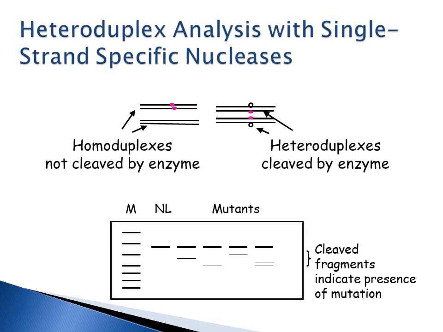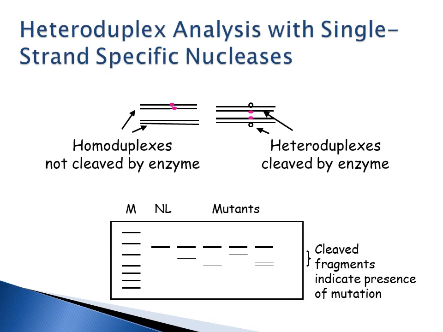Once you have your homoduplexes and heteroduplexes, you're going to cleave with the nuclease enzyme. Your homoduplexes are not going to be cleaved, but your heteroduplexes are going to be cleaved, because your heteroduplex has a region of non-complementary bases, so it forms a little bubble because the strands are not going to attach to one another exactly, and then the nuclease is going to cleave.